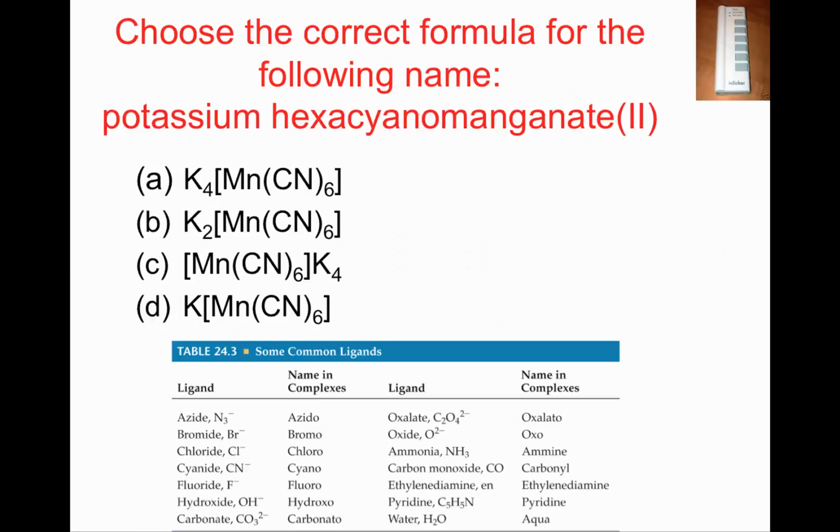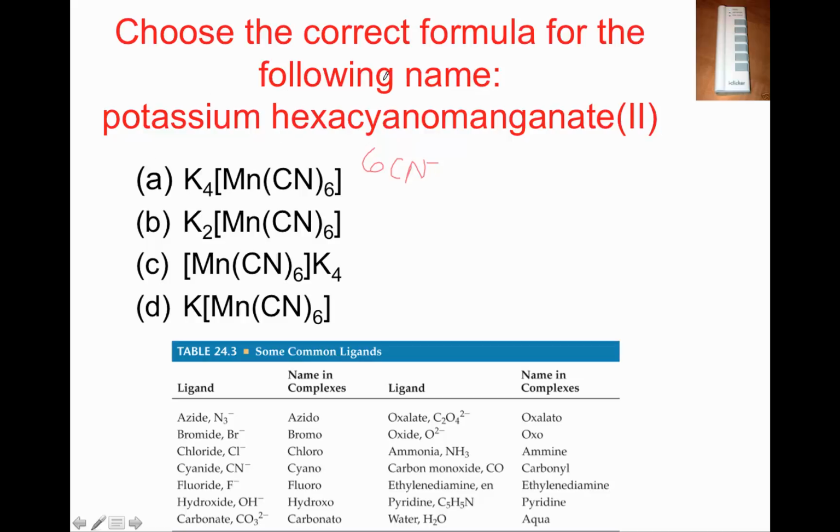So let's see. Choose the correct formula for the following name: potassium hexacyanomanganate(II). So how would we break this down? Cyano is cyanide. So cyano is the word for cyanide when it's in a transition metal complex. Hexa means 6 of them, so I've got 6 cyanides. I've got manganate. Okay, so I have the cation first, the anion second.